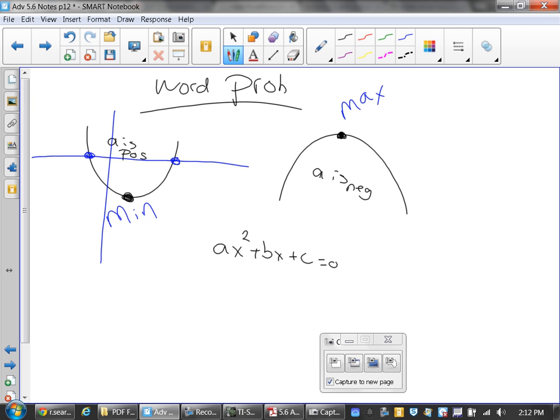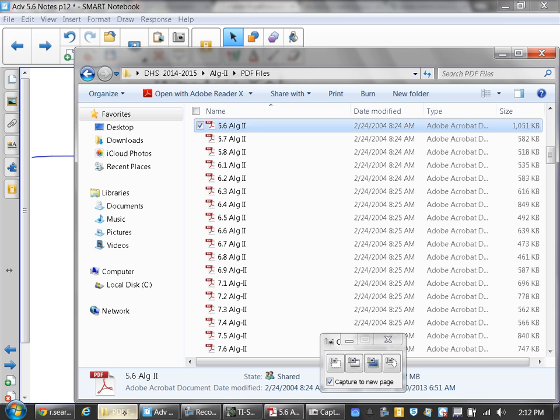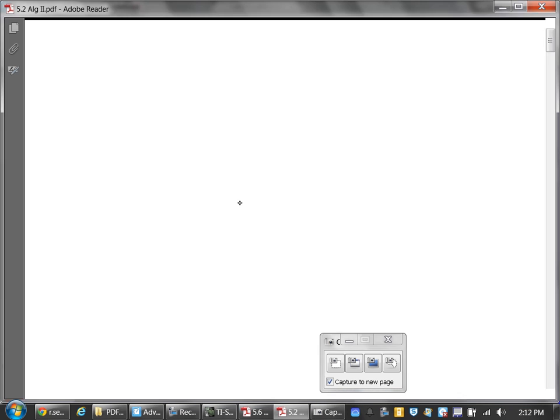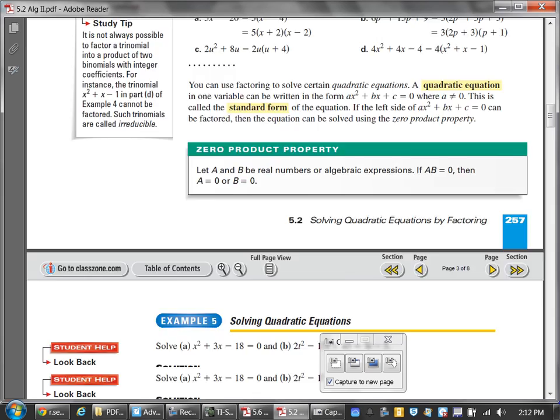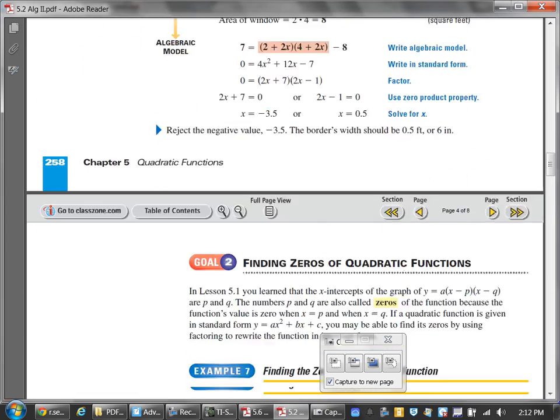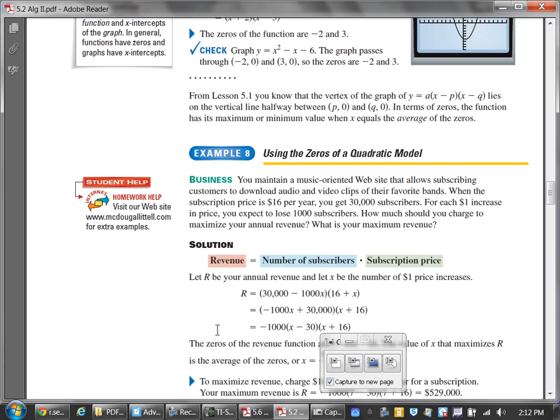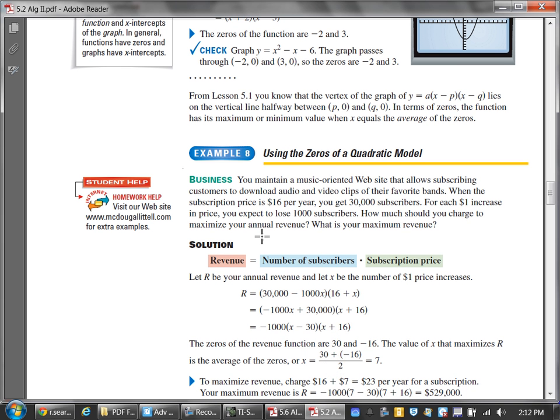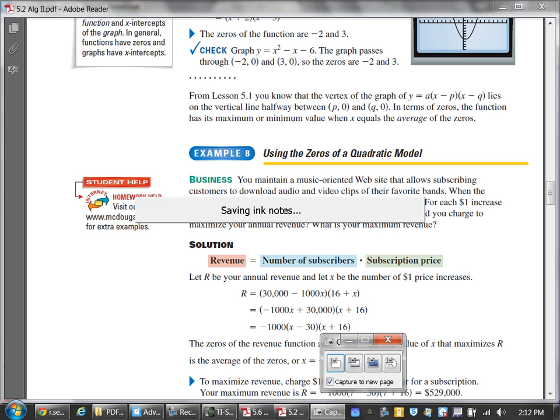Now, what we do in a lot of the word problem stuff is find maximum values, minimum values, according to what your zeros are. Let me show you a very easy example. This is in your book, on page 258, 259. It's one of those. And I'm going to walk you through how you set up and solve a problem that has a maximum via a quadratic model.